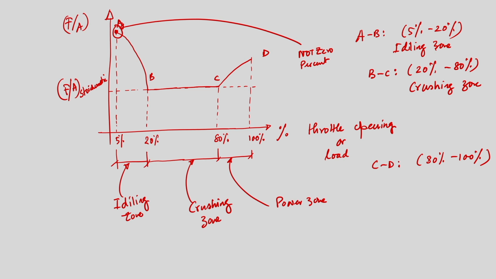So, to summarize today's discussion, we have discussed different zones of engine operation, and that is very important, because the engine should be able to supply power depending upon the load and the requirement.